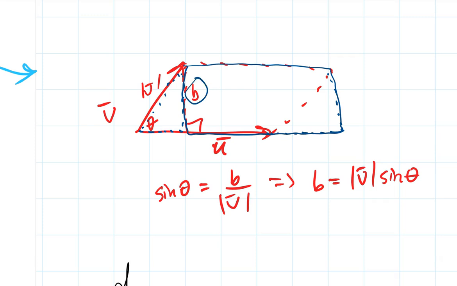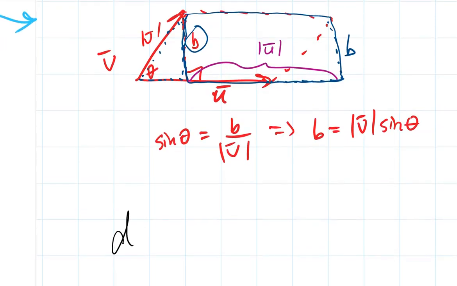This b here can go here. And now this rectangle that I've drawn, its bottom length is the length of u. So all of this, let me do a different color, all of this is just the length of u.